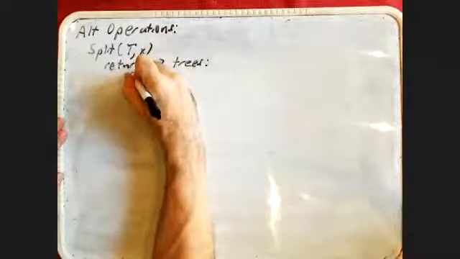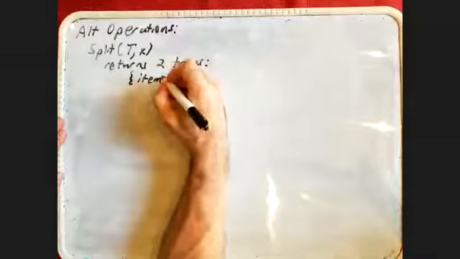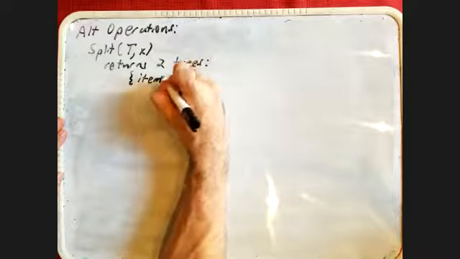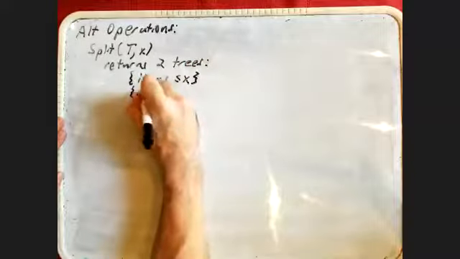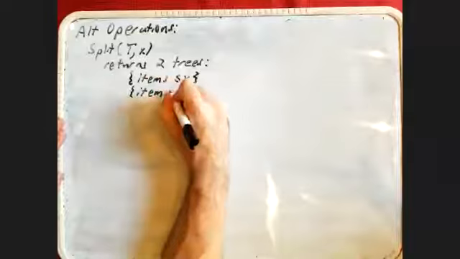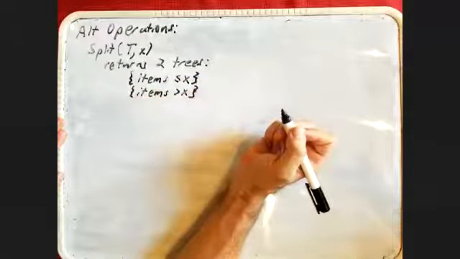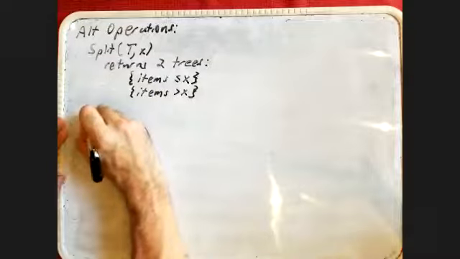One of which consists of the items less than or equal to X, and the other consisting of the items greater than X. Okay. And so that's kind of like a deletion.